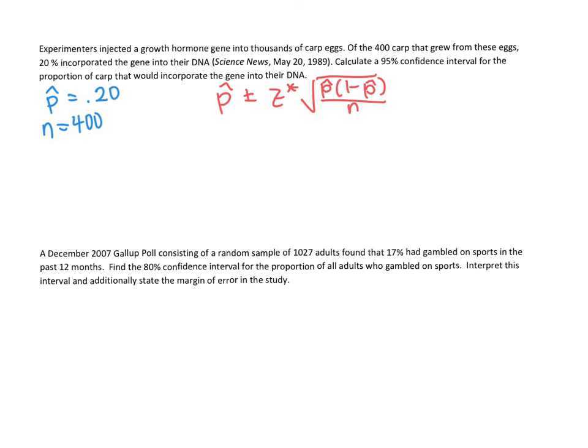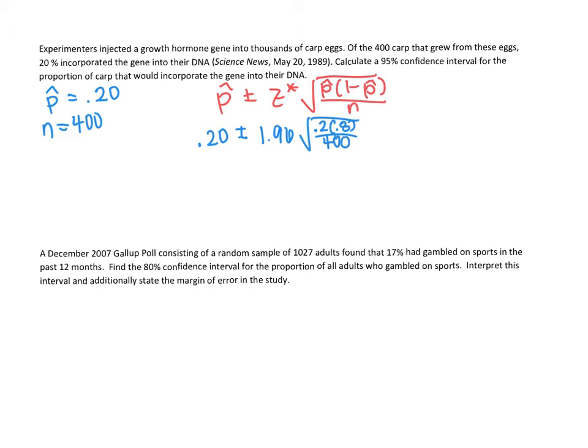Plugging in our information, we'll have 0.20 plus or minus, and then using our table, we go to 95% for our confidence interval, and we look for our critical score, which is 1.96. And we'll have 0.2 times 0.8 all over 400 underneath our square root.